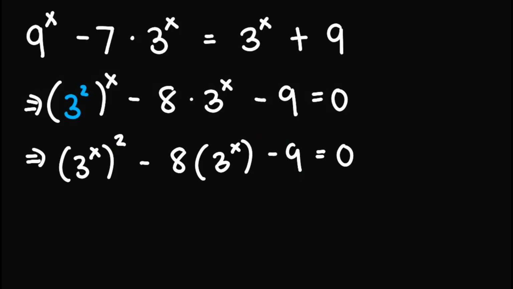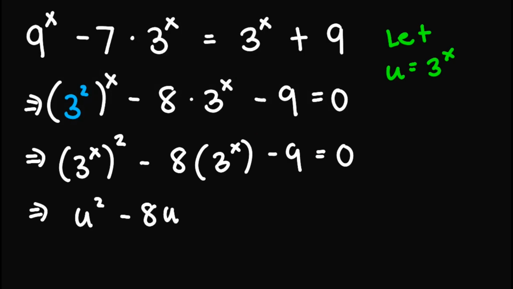So, to make it more like a quadratic equation, we can let u be equal to 3 raised to x. So this will become u squared minus 8u minus 9 equals 0. And now we know how to factor this.